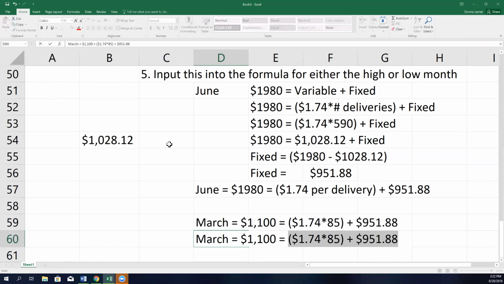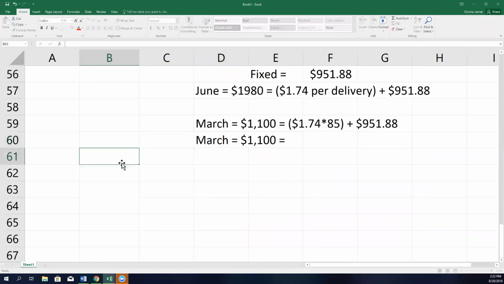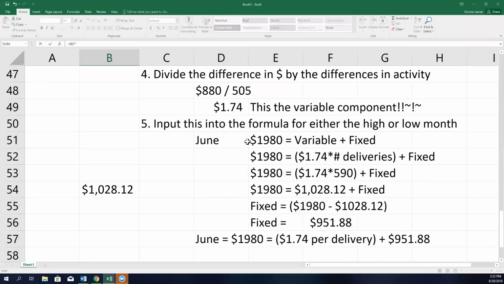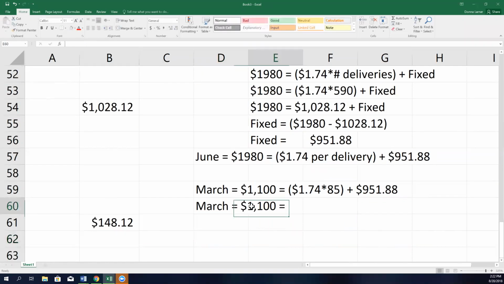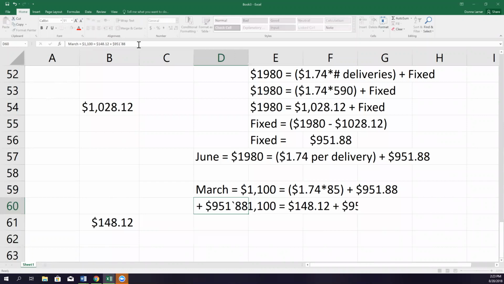So I'm going to delete that and come back to that in a second. 85 is the number of deliveries times our per unit amount. So this is going to be $148.12 plus $951.88. Oh, helps if I type right.